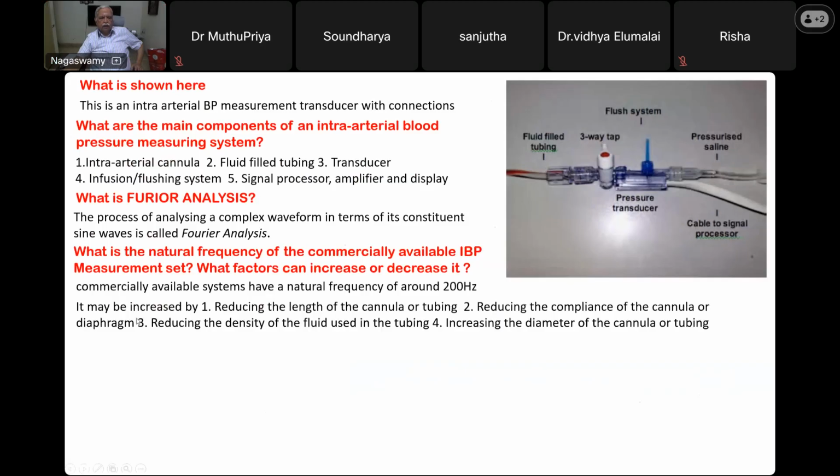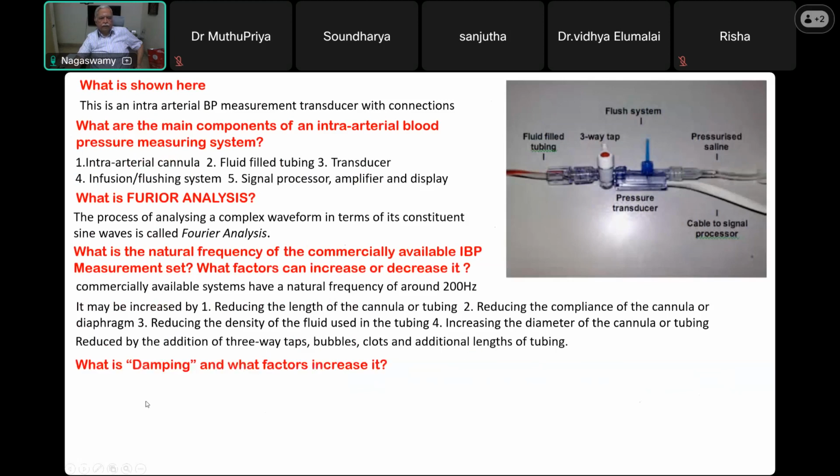Okay, and this can be increased by reducing the length of the cannula, reducing the compliance of the cannula or diaphragm, reducing the density of the fluid used in tubing, and increasing the diameter of the cannula or tubing. And the natural frequency can be reduced by addition of three-way taps, bubbles, clots, and addition of lengthy tubing. What is damping? What factors increase it?